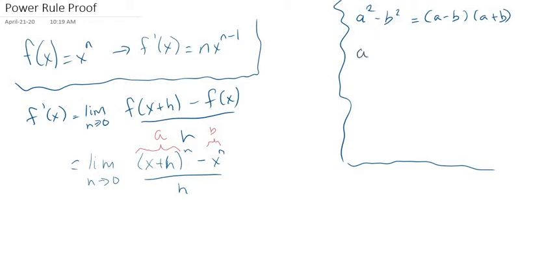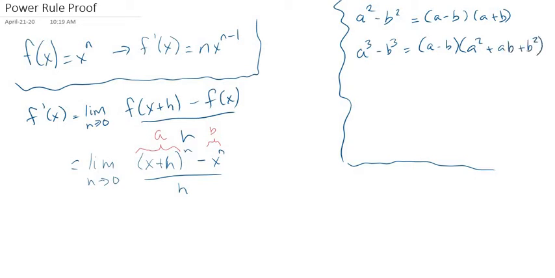If we had a cubed minus b cubed, hopefully you remember this from advanced functions. If not, it's a minus b times a squared plus ab plus b squared.